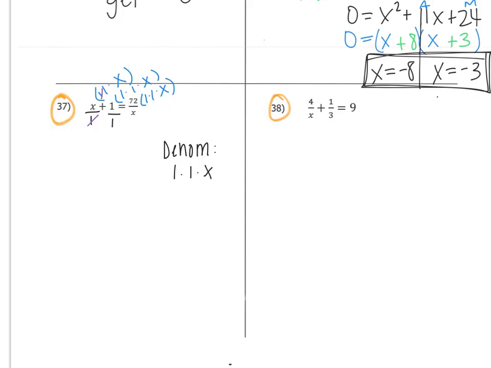And write down whatever's left over. So when I cancel, I end up with x squared plus x equals 72. Again, I see an x squared. It's already positive, so I want to get this equation equal to 0 by subtracting 72.